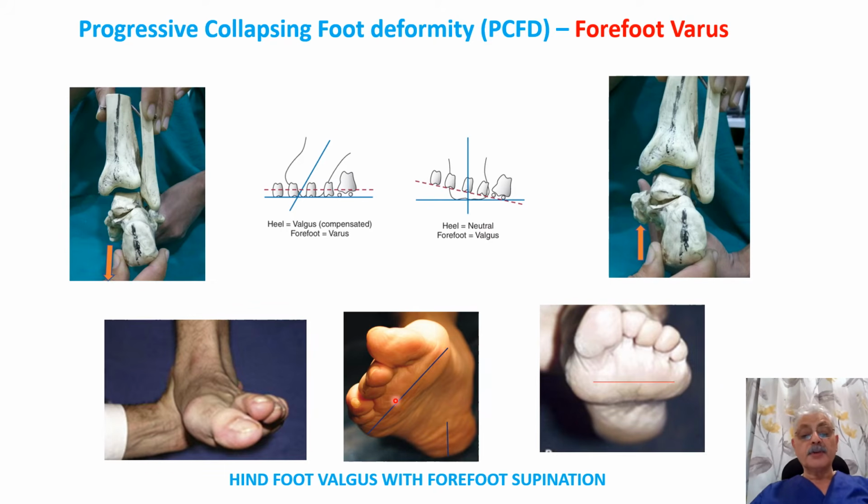Whether this deformity is flexible or fixed can be seen by flexing the foot and the first ray into plantar flexion, and if the deformity gets corrected, it is a flexible forefoot varus deformity.